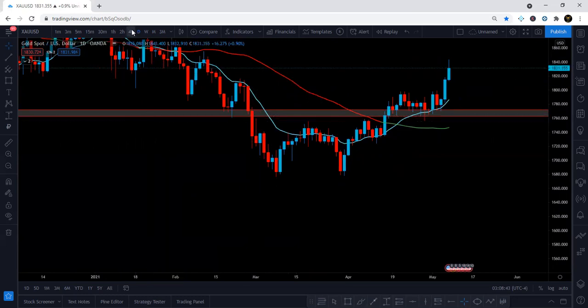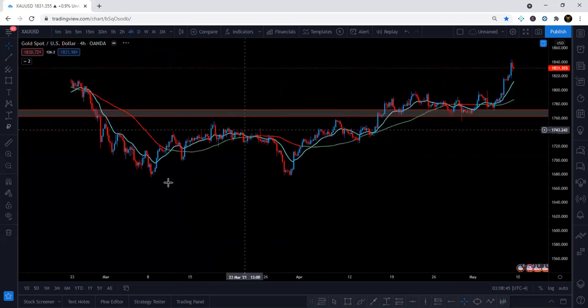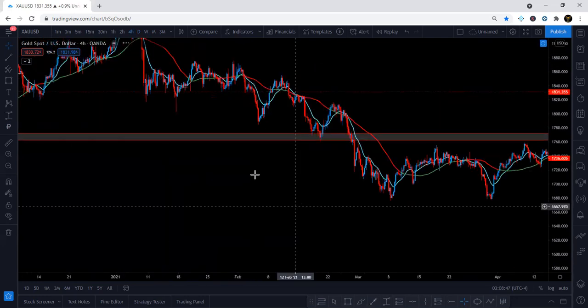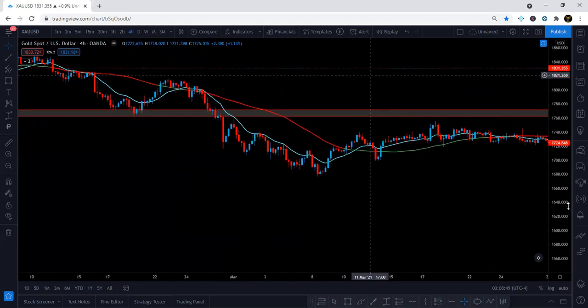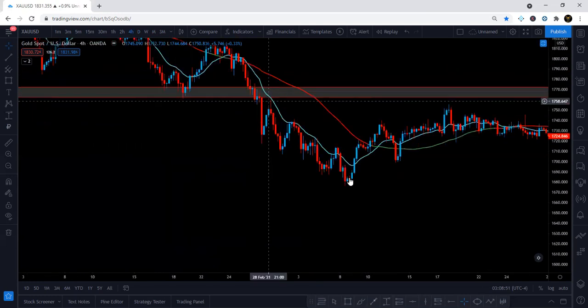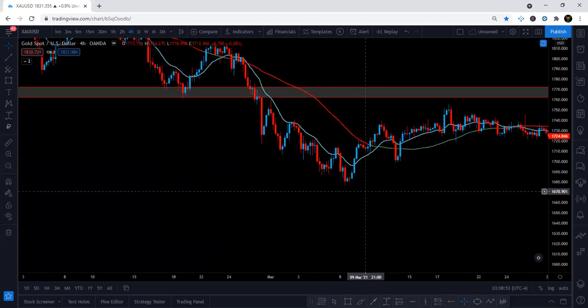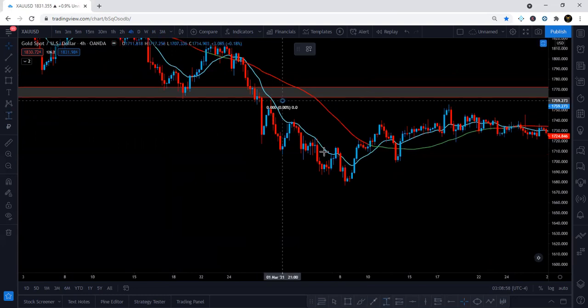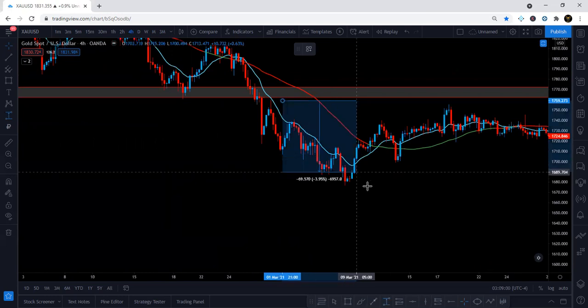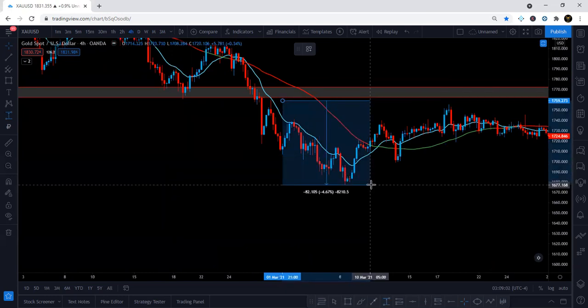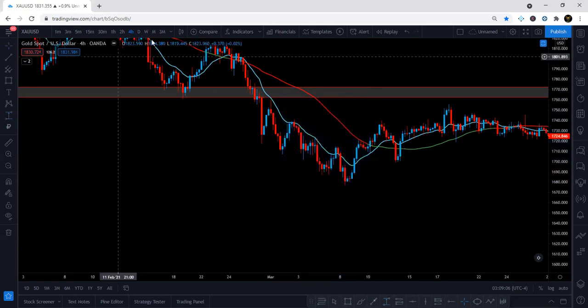Let's see the 4-hour that broke. Yeah, so we made a resistance and then price dropped about 820 pips after we broke in this zone here.